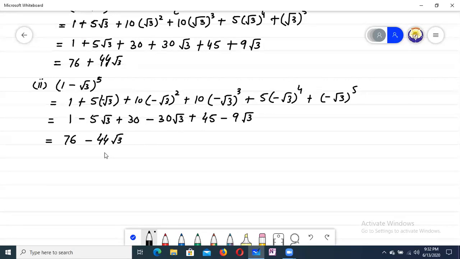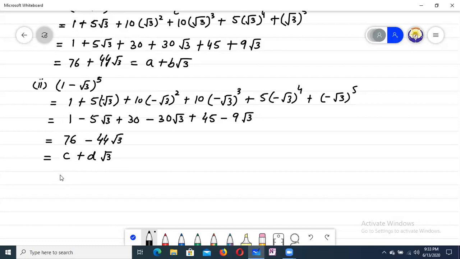Here a is 76 and b is minus 44 square root of 3. As the second part says c plus d square root of 3, it means c is 76 and d is minus 44.